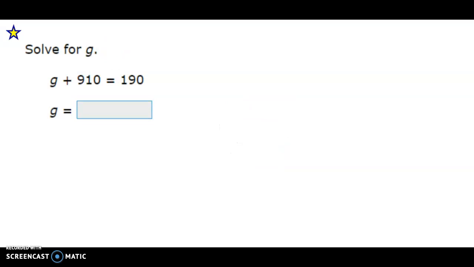All right, finally, this is the last question I want you to do. I want you to do this completely on your own. All right, now that you've finished that problem, hopefully you set this up as g plus 910 equals 190.